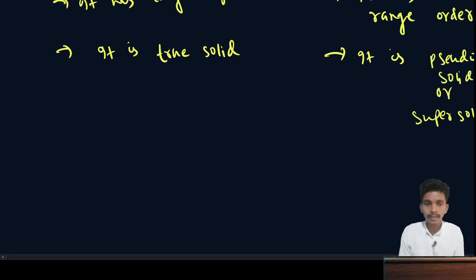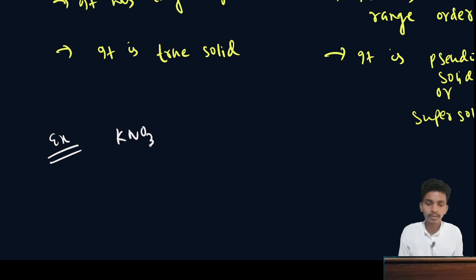Okay, and what are the examples? For crystalline solids we have KNO3 for ionic solids, copper for metallic solids, and silicon compounds for covalent solids.